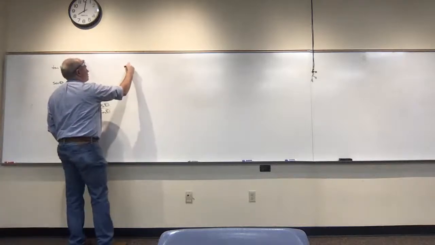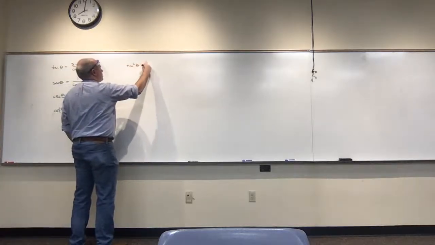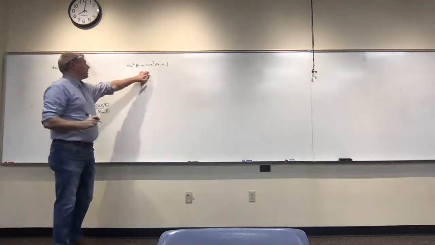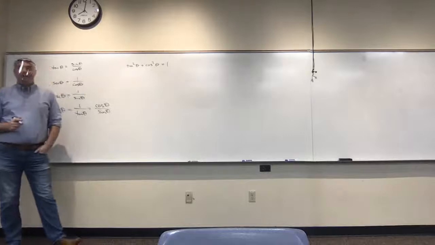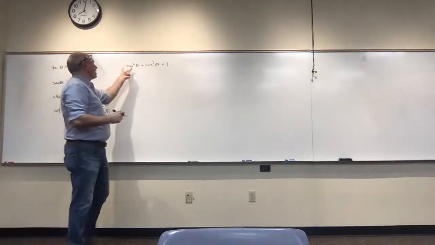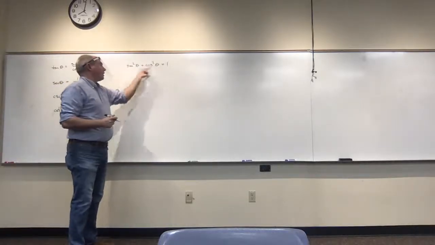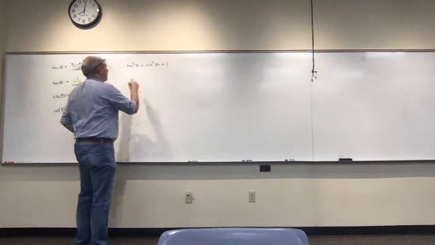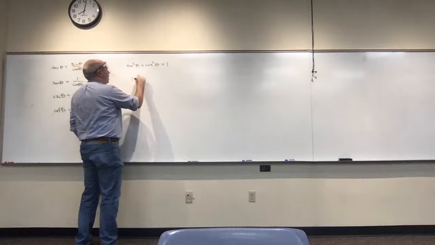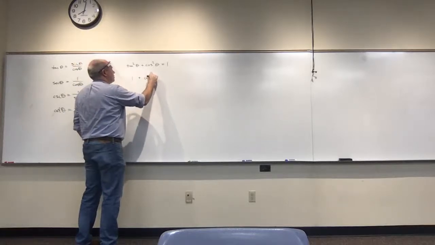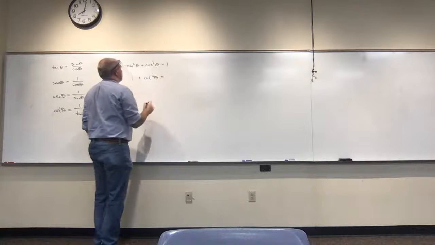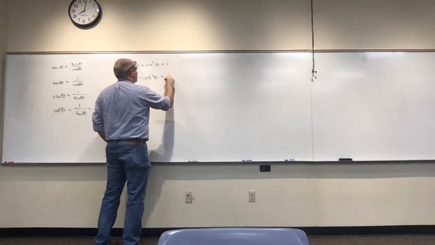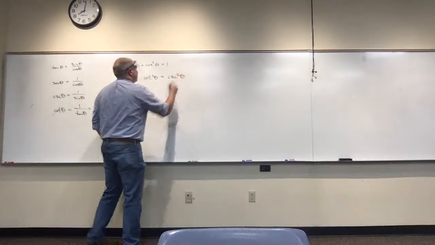There's like sine squared of theta plus cosine squared of theta is 1. And then there's the kind of 2 brothers of this guy, which is dividing everything here by sine squared theta or dividing everything here by cosine squared theta. If I divide everything here by sine squared theta, I get 1 plus cotangent squared theta is equal to 1 over sine squared theta, which is cosecant squared of theta.